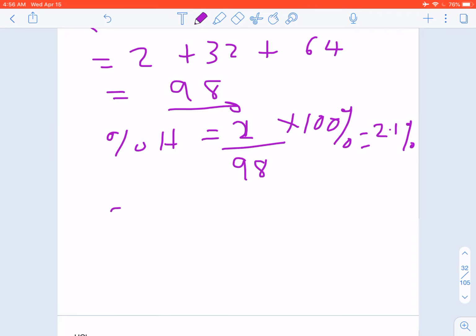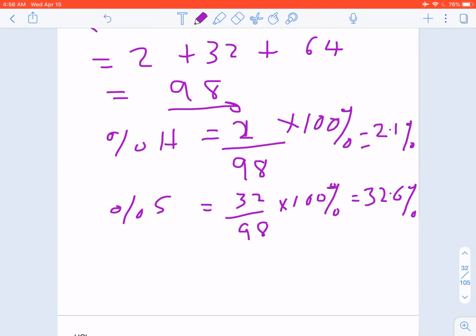If we look at the percentage of sulfur, it would be 32 upon 98, and that is equal to 32.6%.